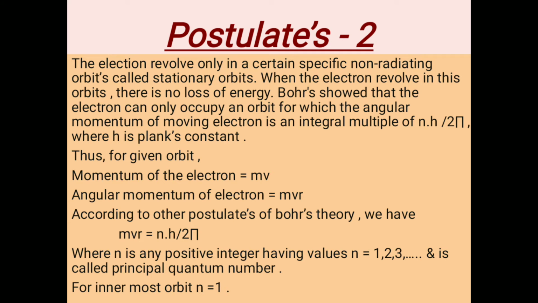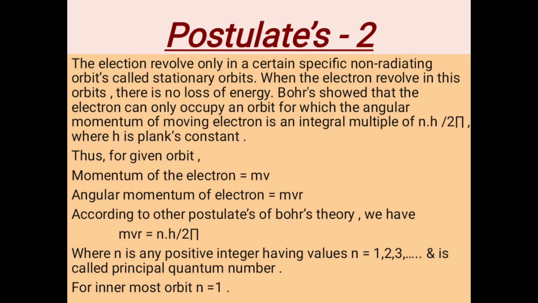Now, the second postulate. The electrons revolve only in certain specific non-radiating orbits called stationary orbits. When the electrons revolve in these orbits, there is no loss of energy. Bohr showed that the electrons can only occupy an orbit for which the angular momentum of the moving electron is an integral multiple of h/2π, where h is Planck's constant.